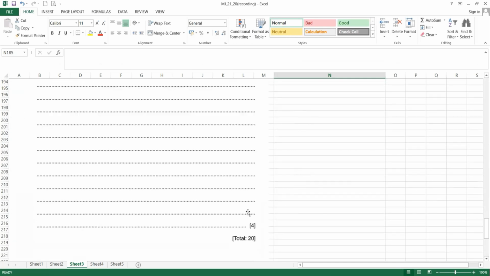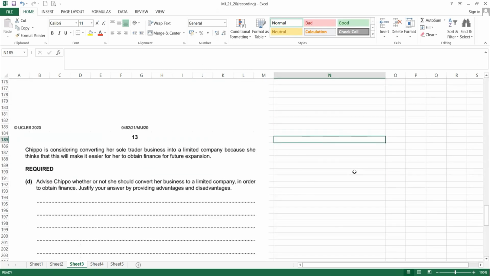See how many marks they give us? 4 marks. So then you talk about the sole trader: one advantage and one disadvantage. Here, one gives you 2 marks.